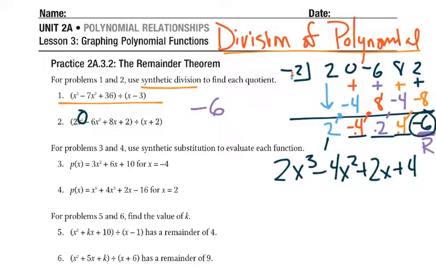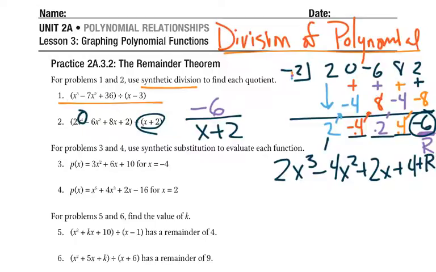Now, what do we do with this remainder? Well, in long division, when we had remainders, before we started turning them into decimals, it's basically a fraction, right? So what I do is divide it by x plus 2. So my remainder is negative 6 over x plus 2, and I just tack that on to the end.